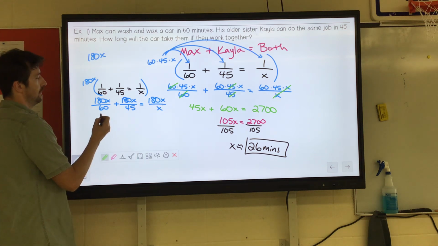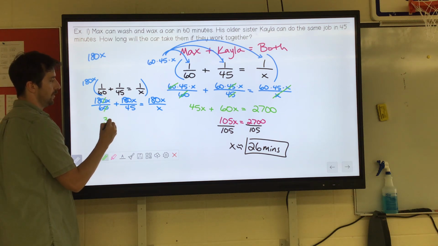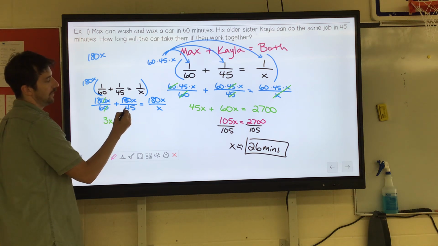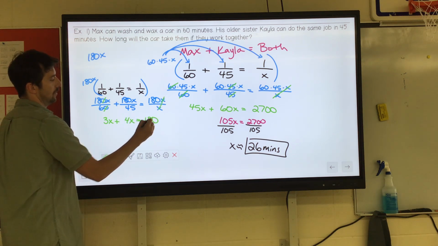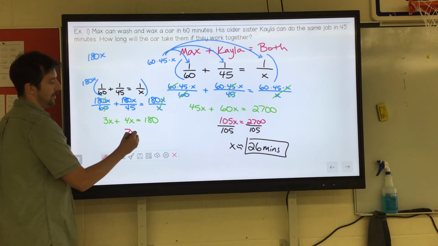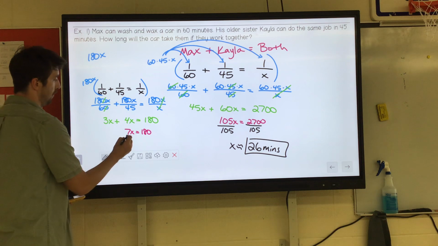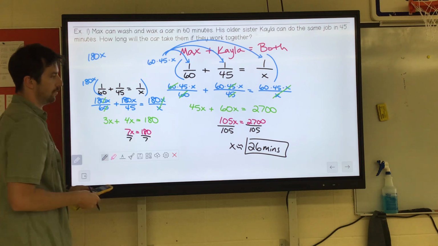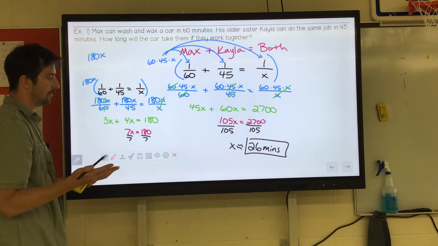And then we simplify these. Those cancel. 18 divided by 6 is 3. So 3x plus 180x divided by 45 is 4x. And then here the x's cancel. That would give us 7x equals 180. And then if we divide that by 7, hopefully we'll also get the 26-ish. 180 divided by 7. Yeah, same decimal.